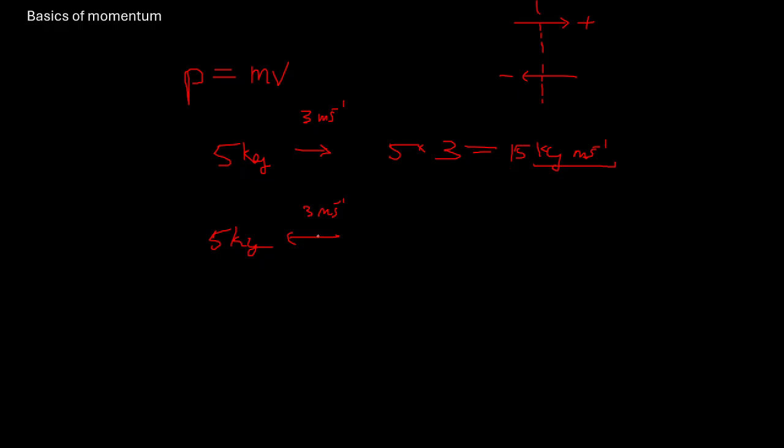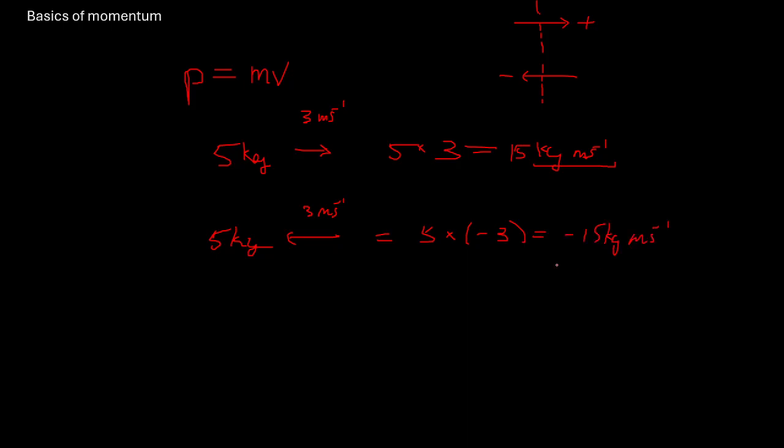So if it's going this way, it's going to be negative. So it will be 5 times minus 3 equals minus 15 kg meters per second.